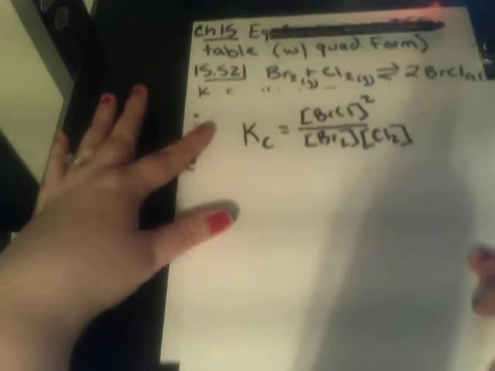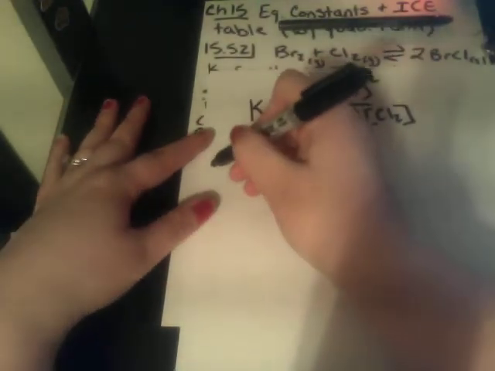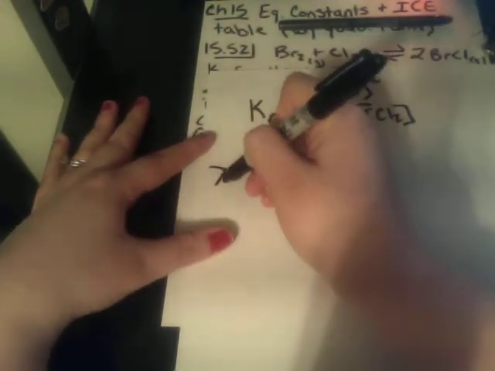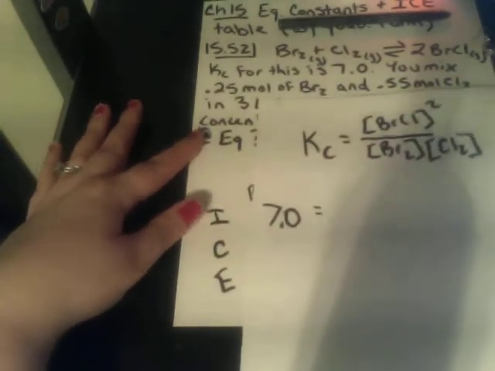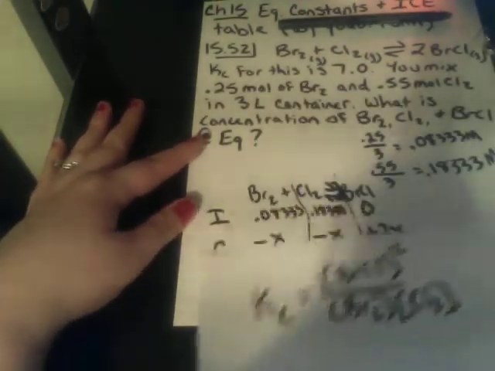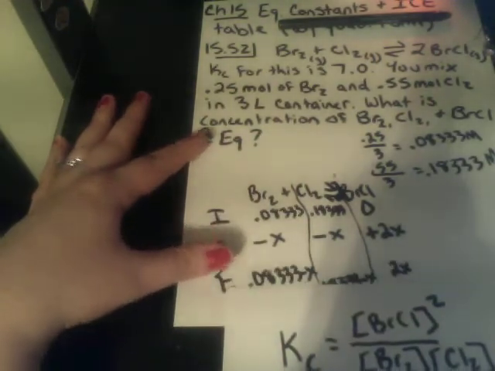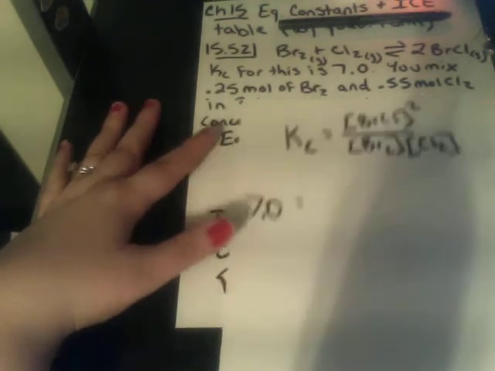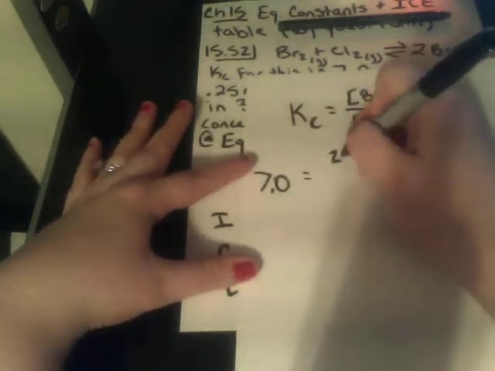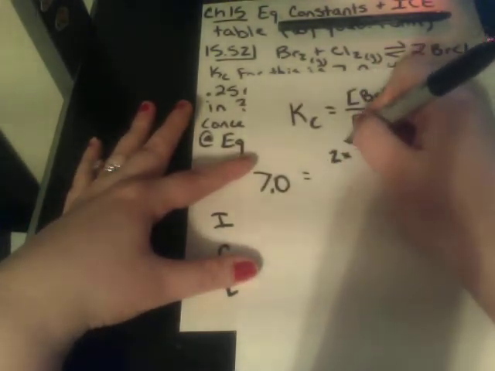So that's all I did there. So now I'm going to plug in the actual numbers that I have, and I'm starting way over here because I have a feeling that it's going to take up a lot of room. So the concentration of BrCl is going to be 2x at equilibrium. So it's going to be 2x squared.